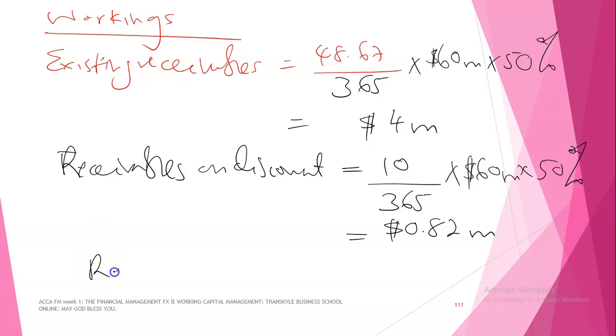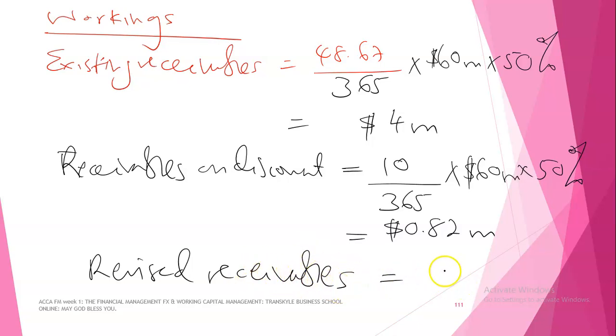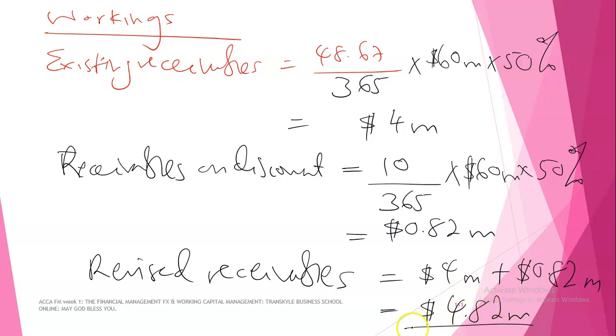So the revised receivables would be 4 million plus 0.82 million. This comes to 4.82 million. Okay, so that's the computation for our working.